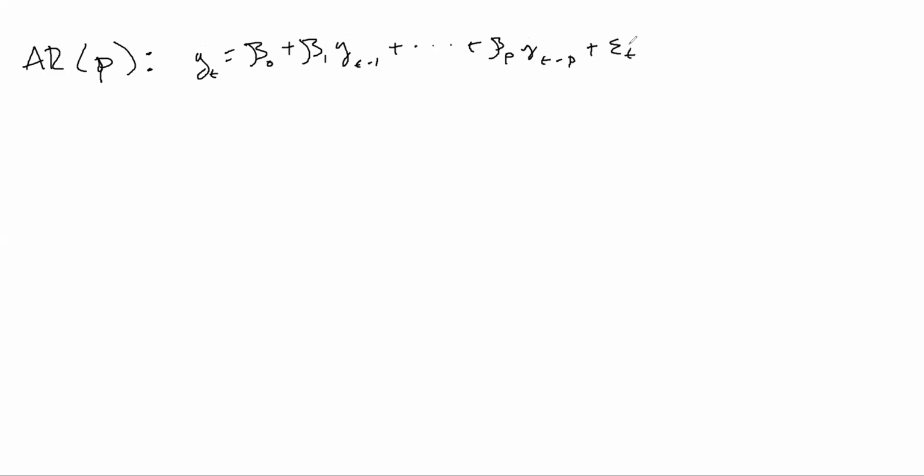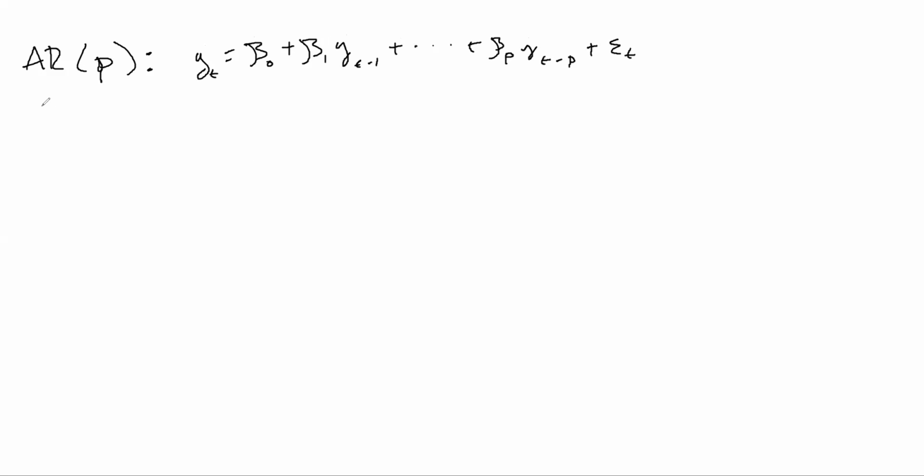A general autoregressive process is of order P. So an autoregressive process of order P has Y_t equal to our intercept plus the slope times Y_{t-1}, plus all the way to beta P times Y lag P, plus our error term for t, where our error term is still independent and identically distributed, and it's a zero mean white noise process.